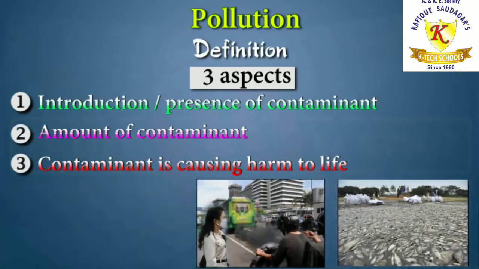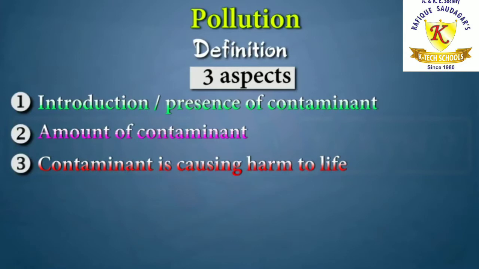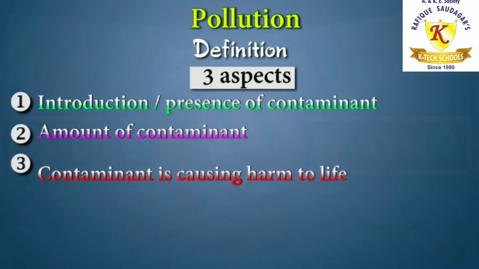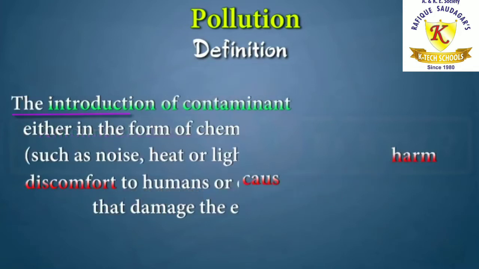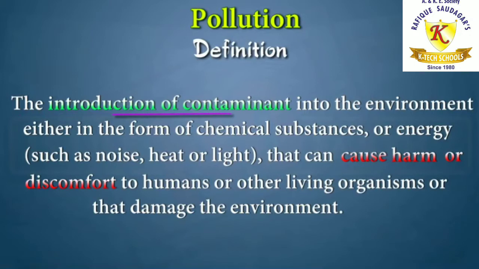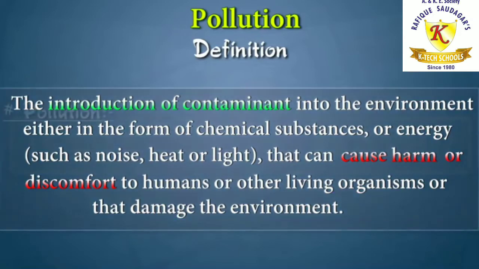So children, considering these three aspects, we can now define pollution as the introduction of contaminants into the environment, either in the form of chemical substances or energy, that can cause harm or discomfort to humans or other living organisms, or that damage the environment. Understood?